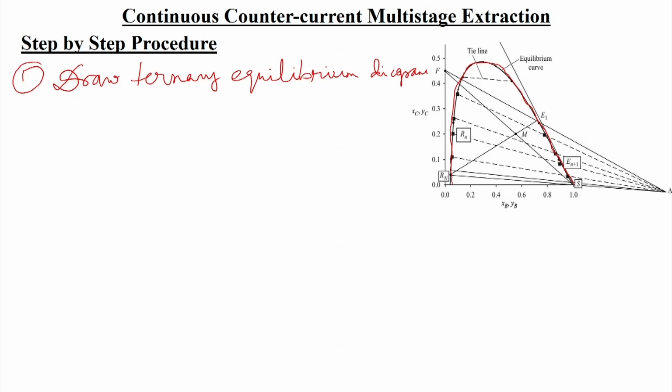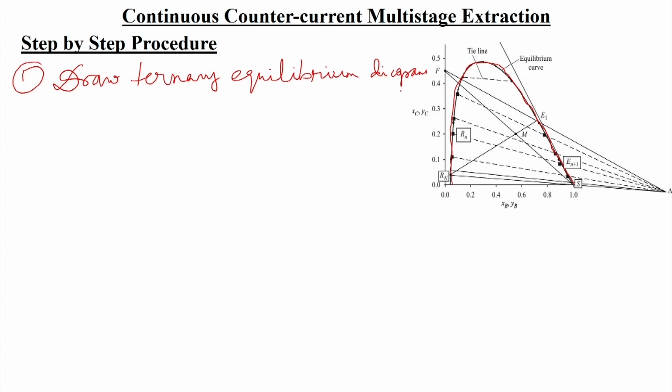This diagram may be of any type, as we discussed: it may be a right angular triangular diagram, an equilateral triangular diagram, or on a solvent free basis. But for most of these calculations we prefer the right angular triangular diagram for convenience. We will also discuss this while we solve the problem. This is a very convenient way of drawing the diagram.